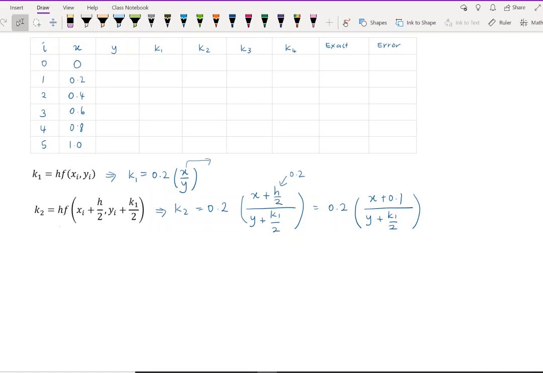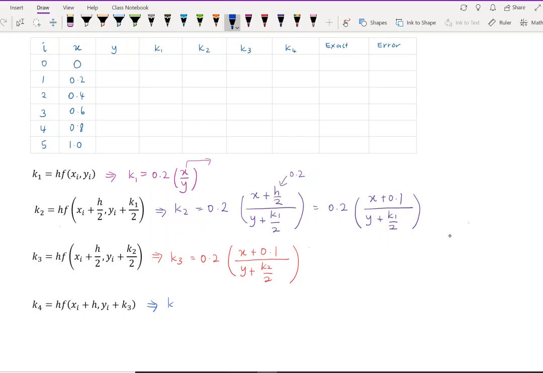The next is K3. K3 equals 0.2, substituting the value of h, and the function becomes x plus h over 2, same as K2. So our h is 0.2, and over 2 you get 0.1, over y plus K2 over 2. And the last one is K4.